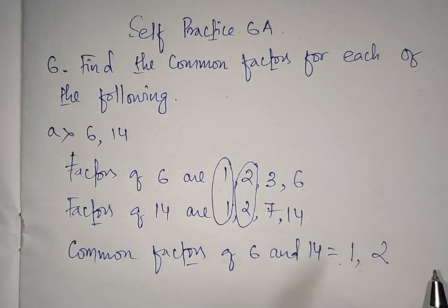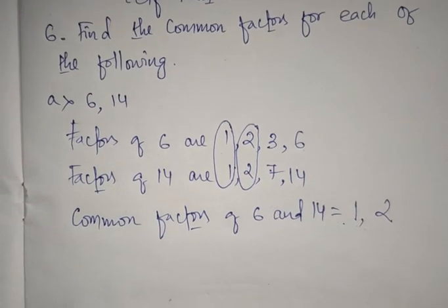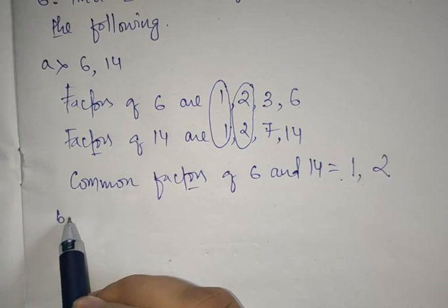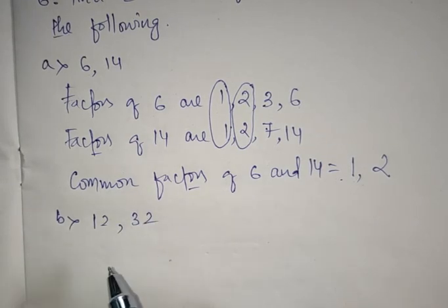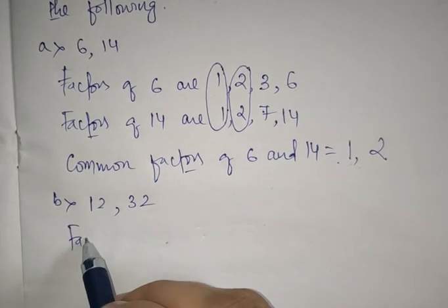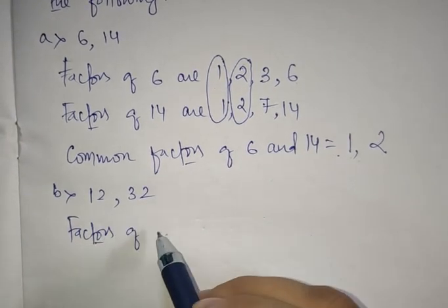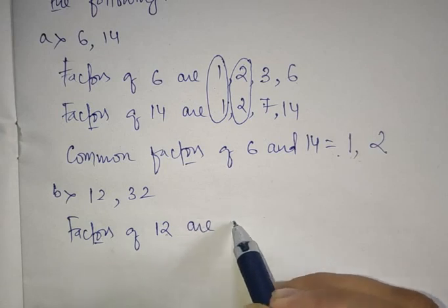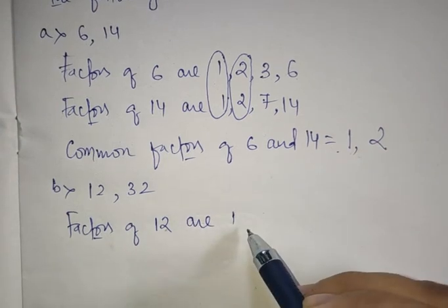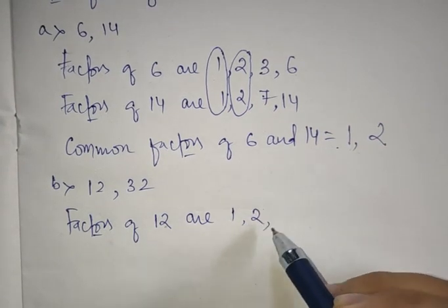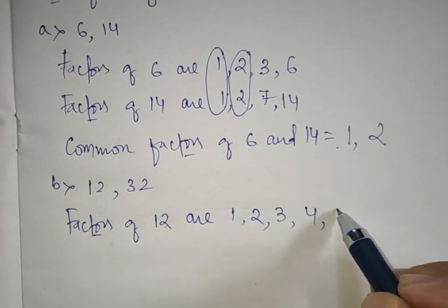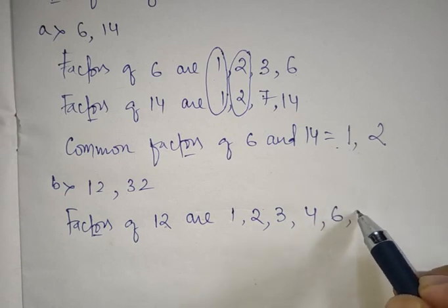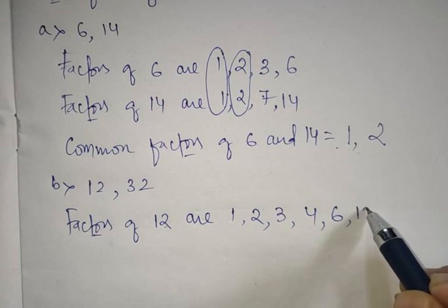Let's proceed to the next question, B, that is 12 and 32. To find the common factors between 12 and 32, first of all you'll write the same thing I did in the previous one. Factors of 12 are, starting with 1, then 2 6s are 12, 3 4s are 12, and 4 3s are 12, then 5 cannot divide, so 6 2s are 12, and then directly 12 1s are 12.